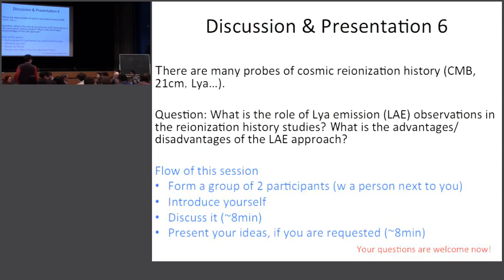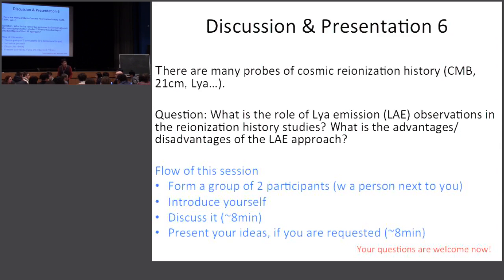When you say it's difficult to observe Lyman-alpha emitters, you're talking about high redshifts, right? Because at low redshifts we already have a lot of observations. And another thing: can we constrain the other end of reionization using Lyman-alpha emitters?